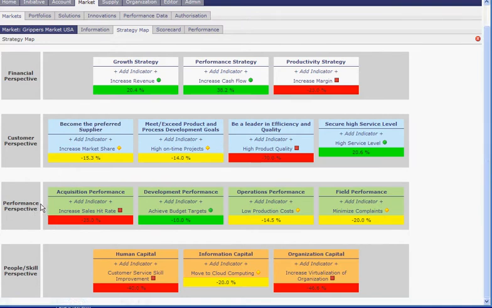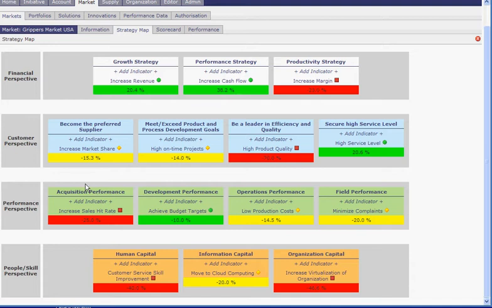Now we have the performance perspective of processes. The processes create value for customers and shareholders, and usually you have 4 different value-added steps. One is your acquisition performance.